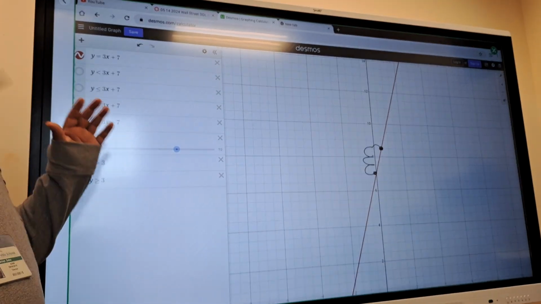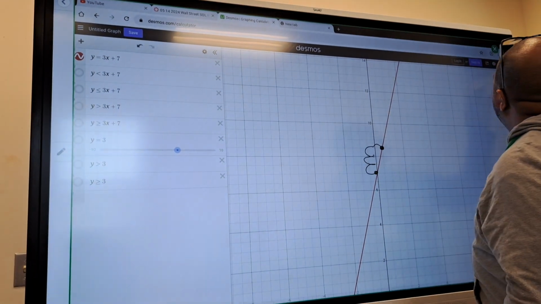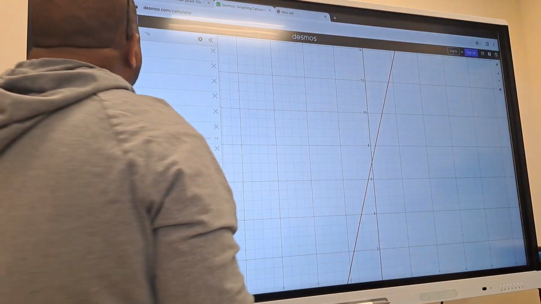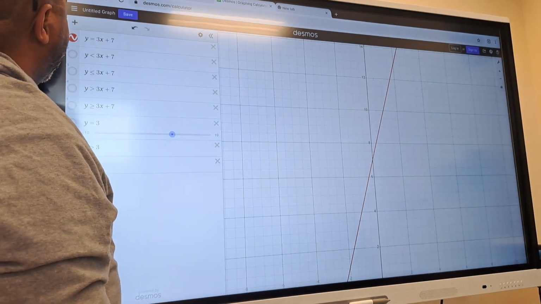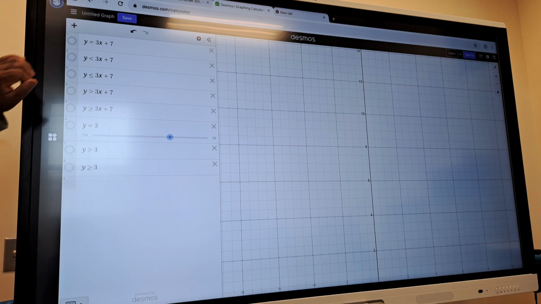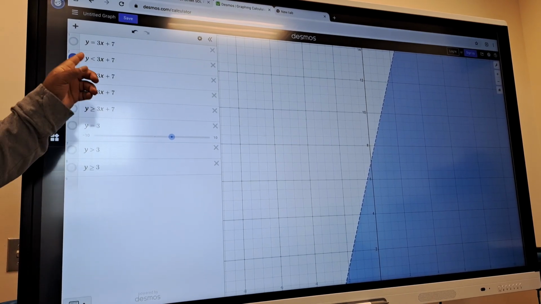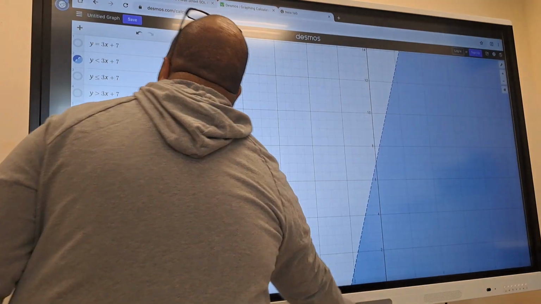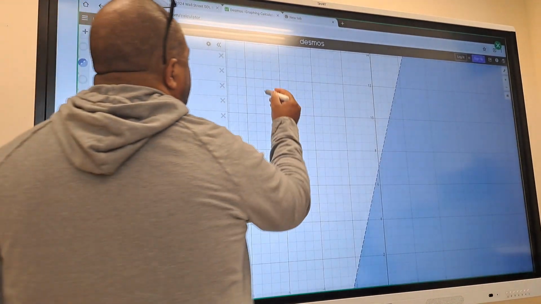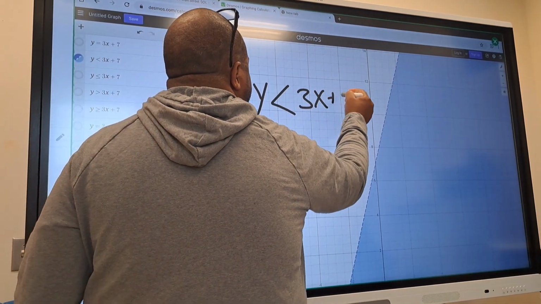So that's the linear equation, but now we need to talk about shading. When we talk about shading linear inequalities, I want to get rid of this, and instead of having y equals, I'm going to have y is less than 3x plus 7. So this says y is less than 3x plus 7.